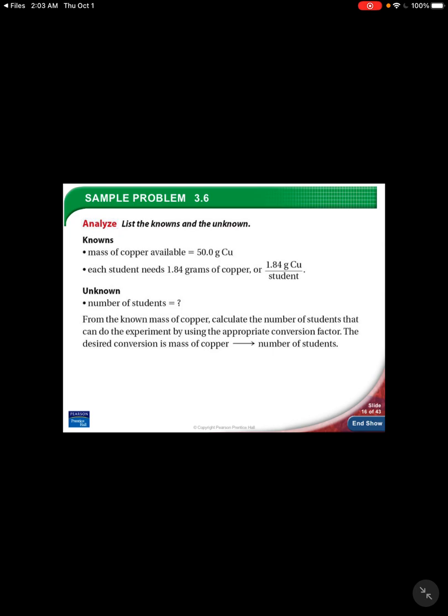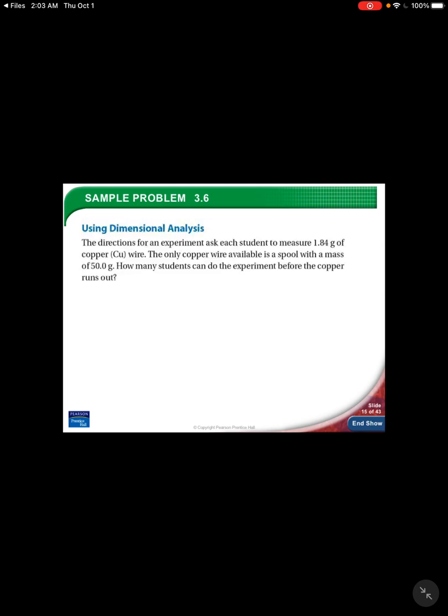And here's another example. You have 50 grams of copper wire, and you want to do an experiment where each experimental group, in other words, each student, if everybody's doing the experiment, needs 1.84 grams out of your 50 grams.